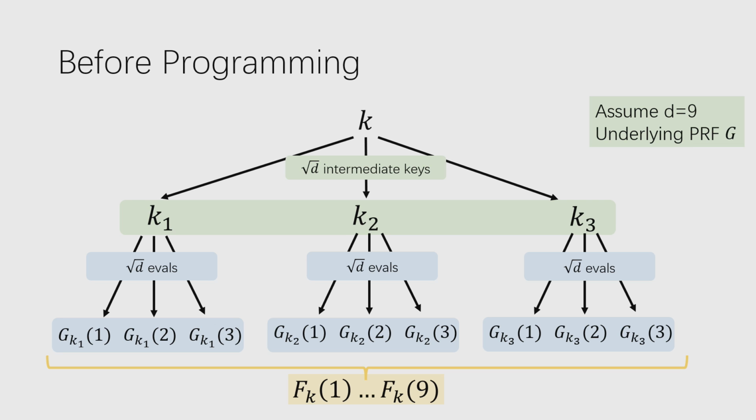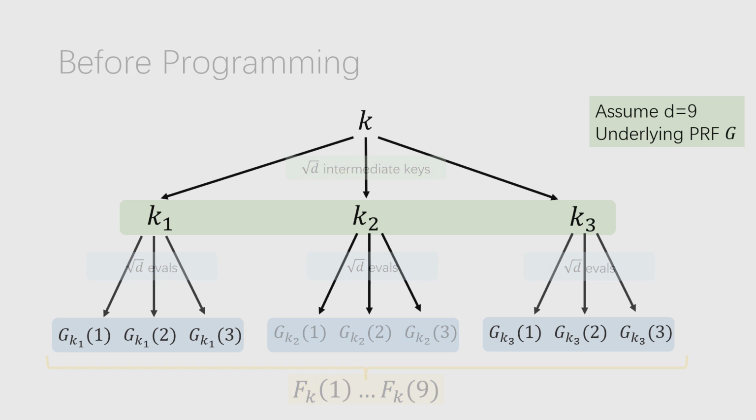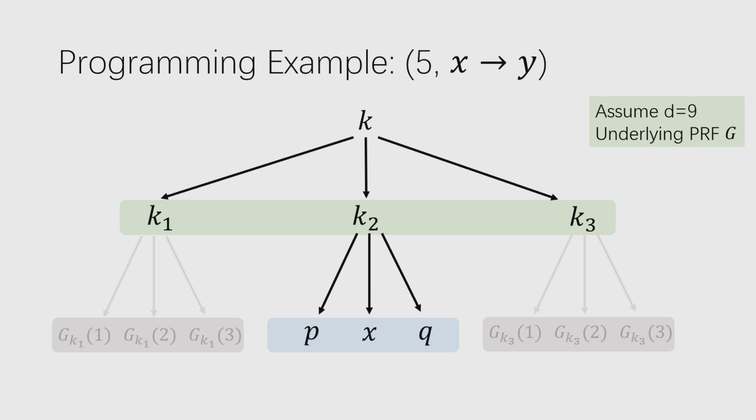To do the stretching, you just evaluate G of K at 1 to square root D. And then in the second step, for each intermediate key, we again use the underlying PRF G to stretch it to square root D pseudo-random values. And then finally, we call the last level of this G, F K1 to F K, basically the whole domain evaluation. So that's before programming. And why do we need this two-layer construction? That's because in the programming, we need it.